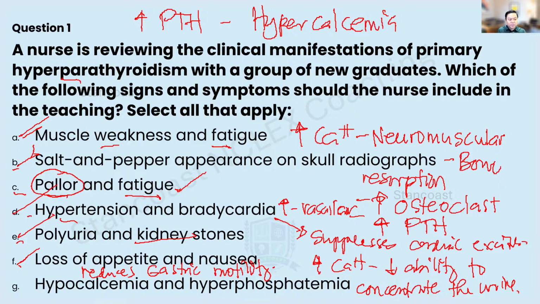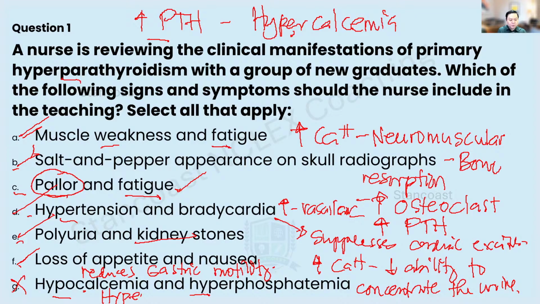What about letter G? Hypocalcemia and hyperphosphatemia. Take note that there is elevation of the PTH, which is the parathyroid hormone. This can lead to an elevation of the calcium in the blood. So we are eliminating letter G this time. Not hypo, but rather hypercalcemia, and there will be hypophosphatemia, not hyperphosphatemia.